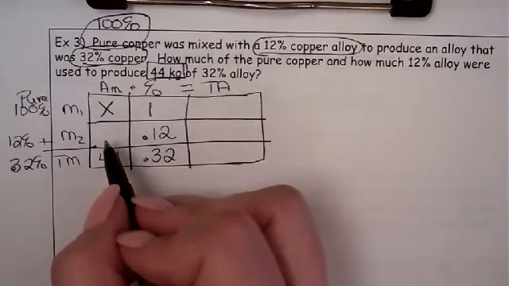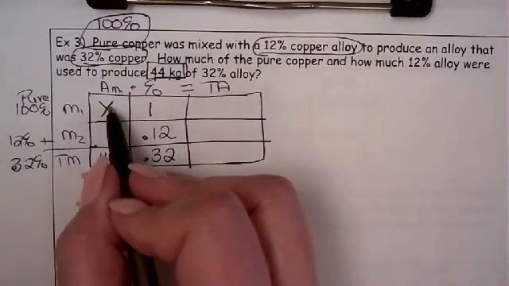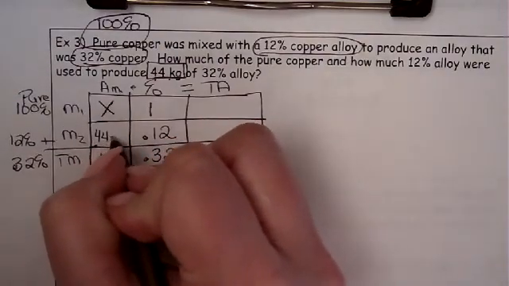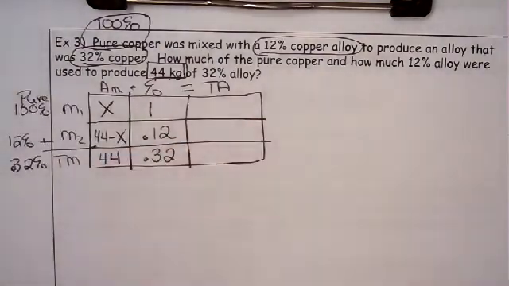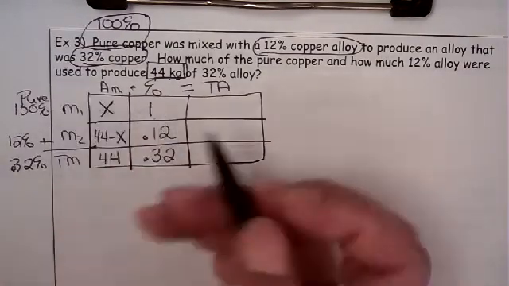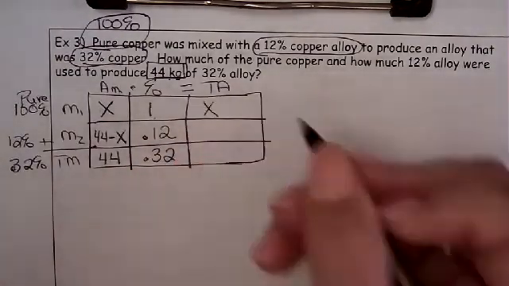okay? Now, how do we get the second mix? We subtract the first from our total. So we're going to have 44 minus X right there. Now, all we got to do now to find our third column is, let's just multiply. Well, X times 1 is just X. Oh, that's so easy.